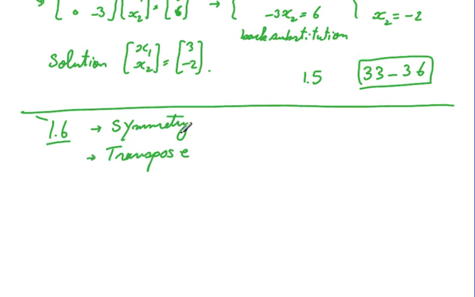In some applications, matrices that you end up with have a special look. One of the special looks that are investigated are symmetric matrices. Symmetric matrices simply means that if you have this square matrix, first of all, it has to be square. Second, you take its diagonal.